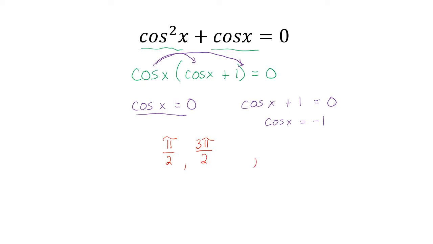And if I look up on the chart, I'm going to find that's negative 1 at pi. And so in degree form, those are 90 degrees, 270 degrees, and 180 degrees. Again, these are your degree answers. These are your radian answers.